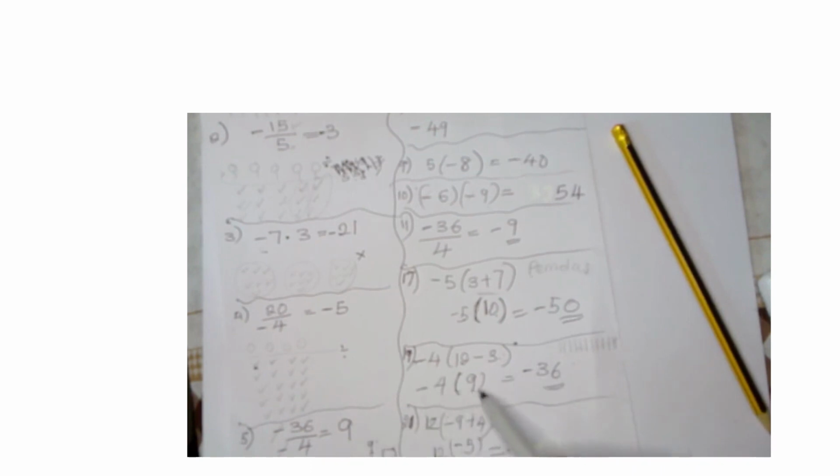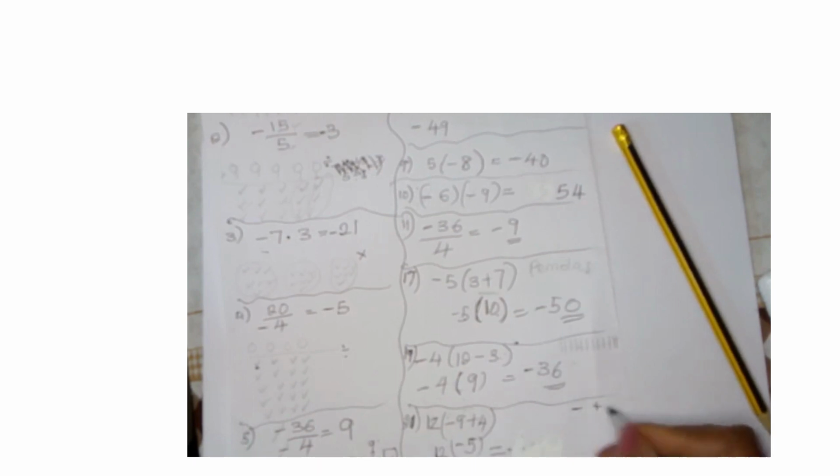Now, question number 21, which says 12 times the bracket of negative 4 plus 9. So we always solve the one in bracket first. Remember, when you have something like this, you have negative and positive, you subtract and keep the sign of the bigger number.